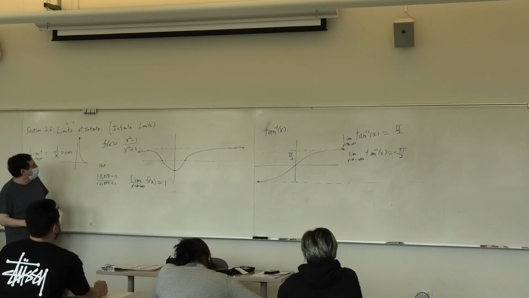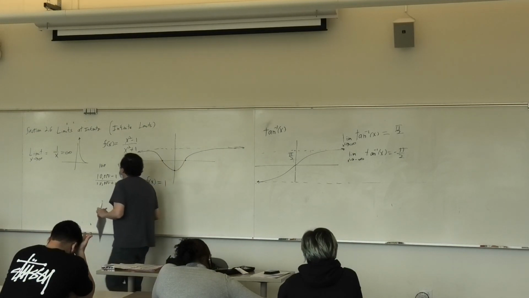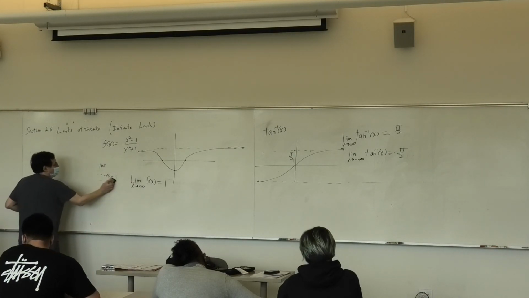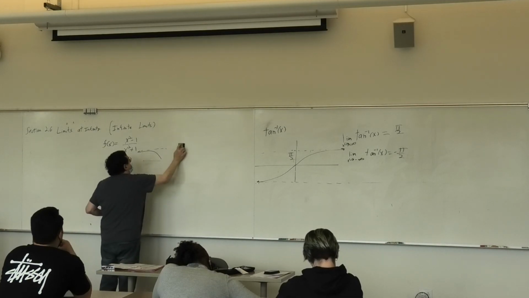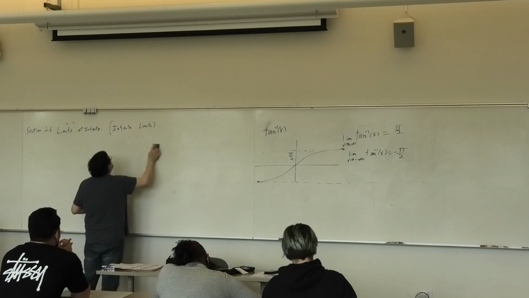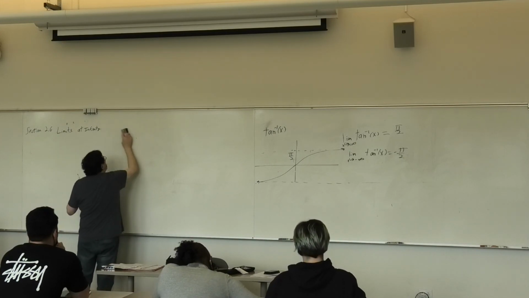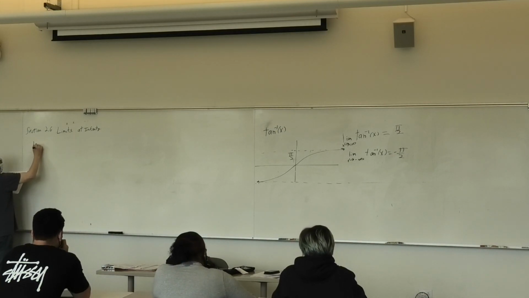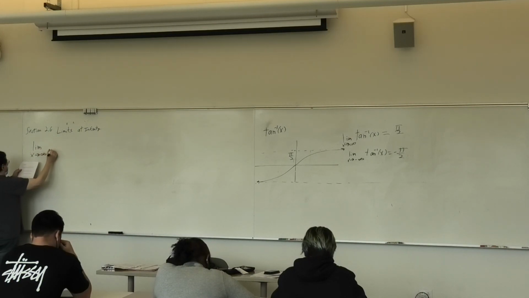All right, so what can we do with this idea? Well, erase this. This is not what we're talking about. So we can look at something like this: limit as x approaches infinity of 1 over x.